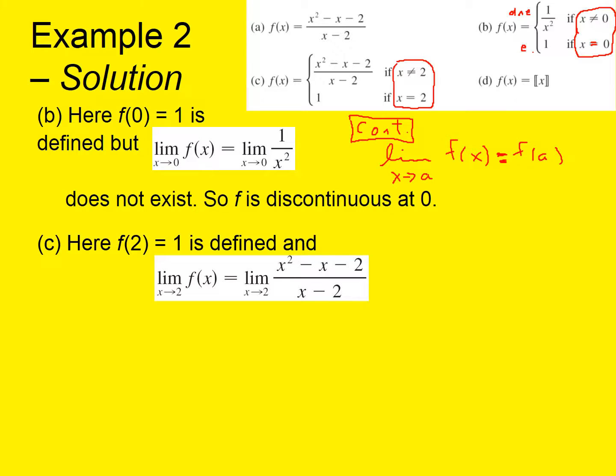Now, this expression, when x is not equal to 2, we have a factorization here, which is x minus 2 times x plus 1. And the x minus 2's can cancel, leaving you with x plus 1. And as x approaches 2, that would be 3.